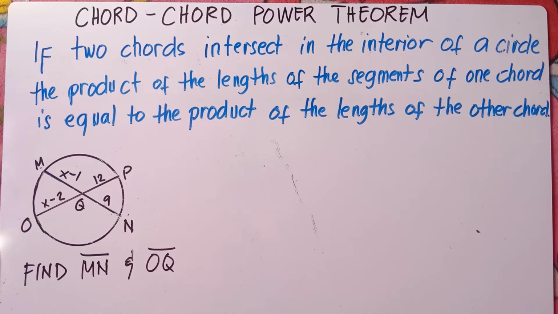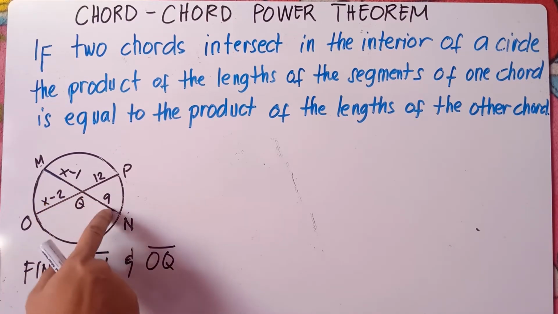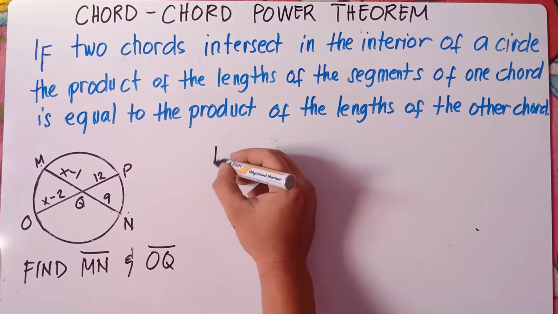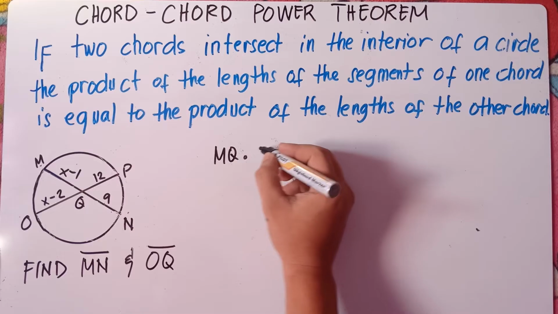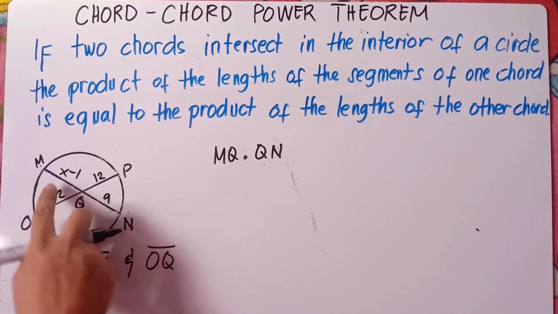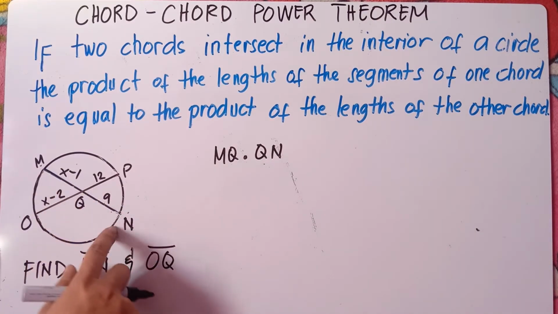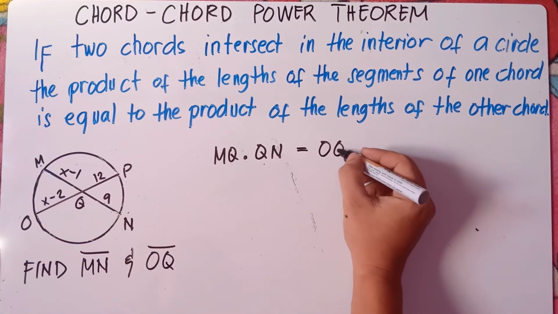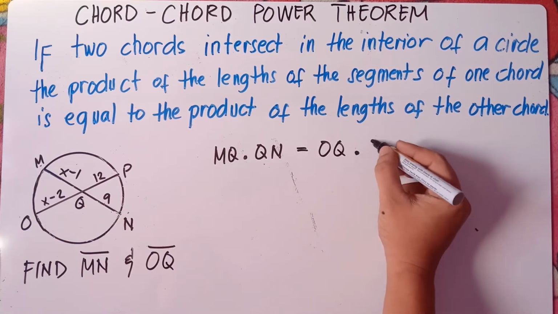The first thing to do is, you cannot get the measure yet, you need to find x. So we multiply MQ by QN, equals OQ multiplied by QP.